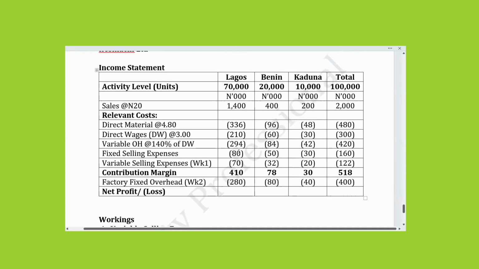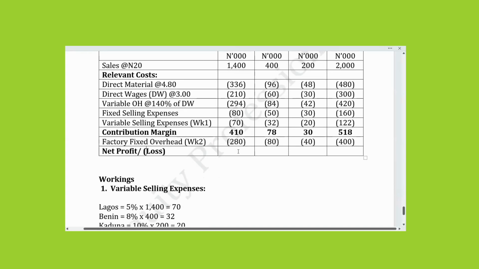So for Lagos, 410 minus 280, that should be 130. 78 minus 80, minus 2. 30 minus 40, that is minus 10. 518 minus 400, that's 118.